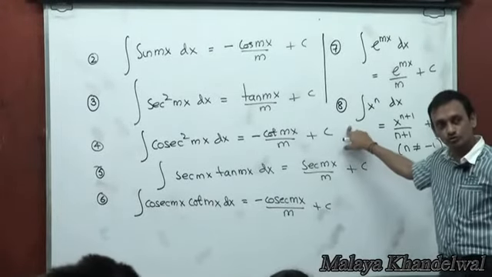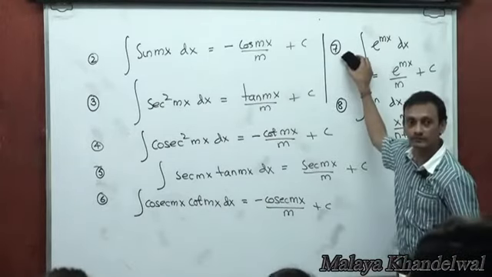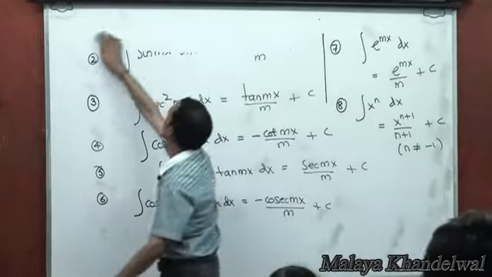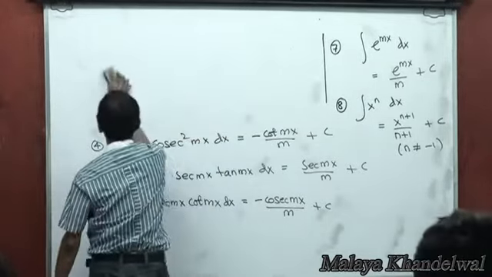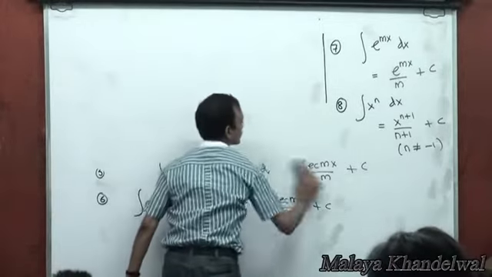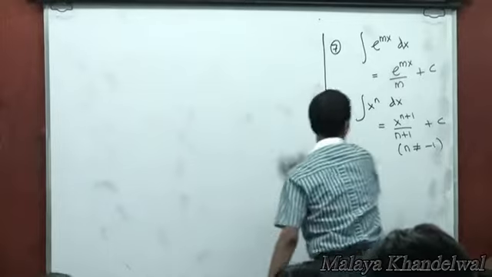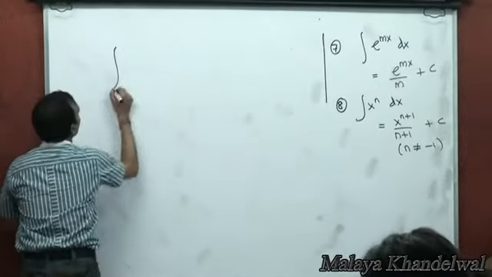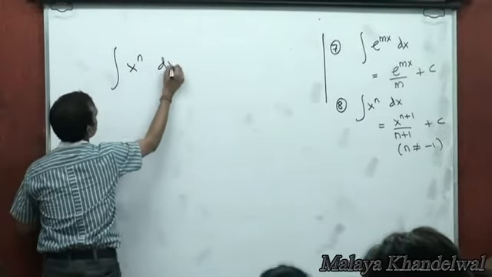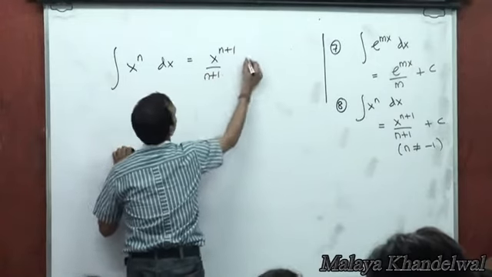you want me to show you how to deal with it? Other than 8, are you done with everything? I claim integral x power n dx is x power n plus 1 by n plus 1 plus c.